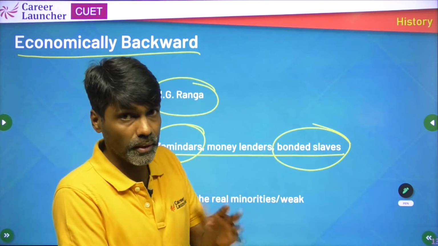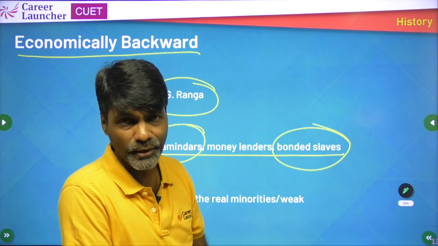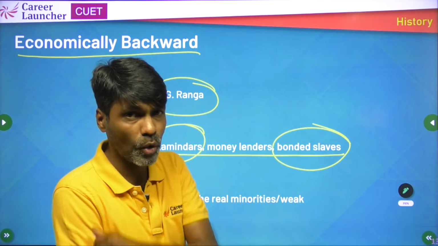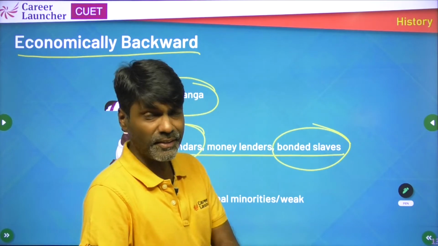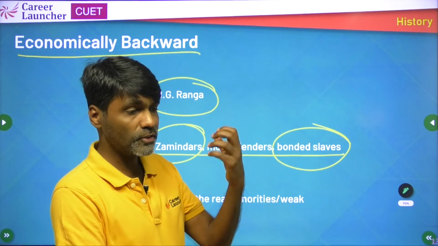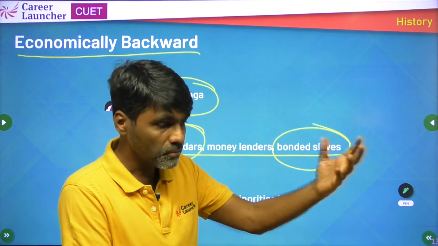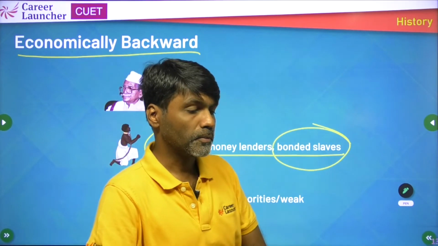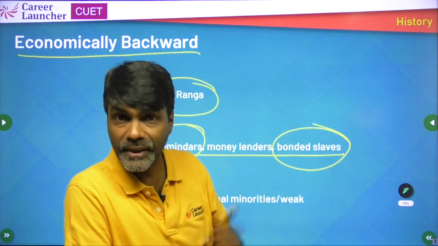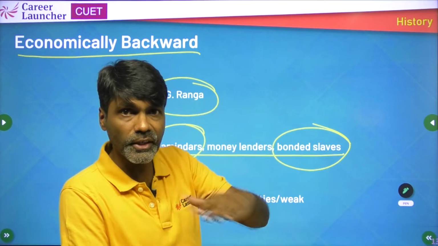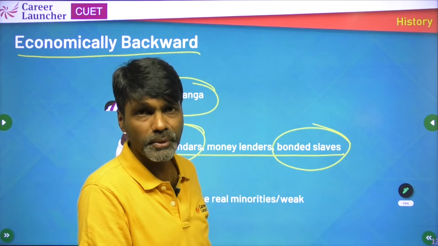It was informal, but bonded labor was very real. If you go back and watch some movies of the 50s and even up till the 60s, there are these poor and downtrodden people lying outside the zamindar's lands, and generation after generation they are serving the zamindar.